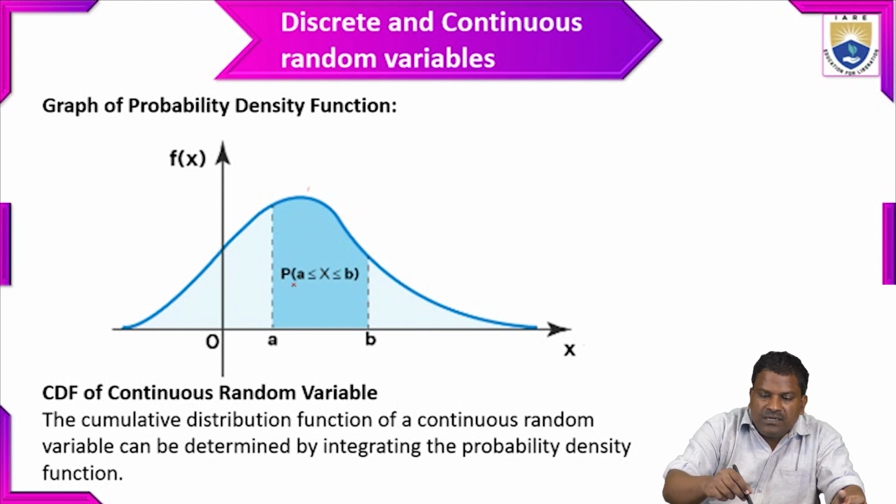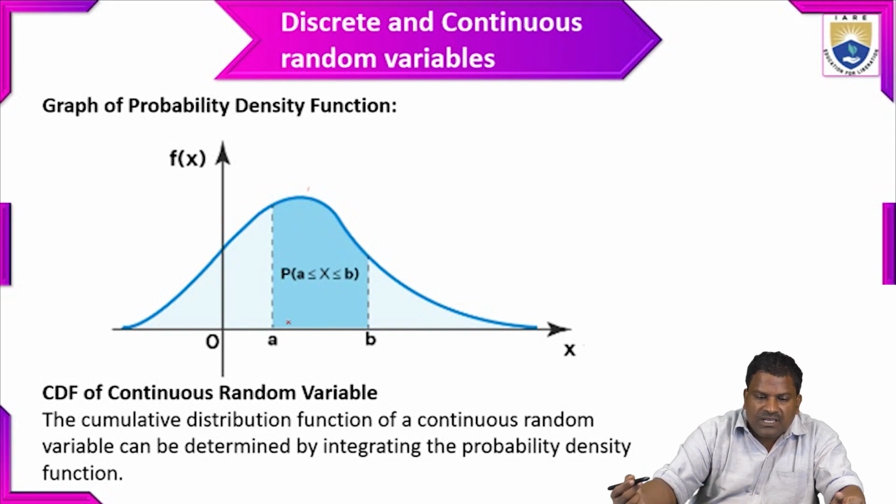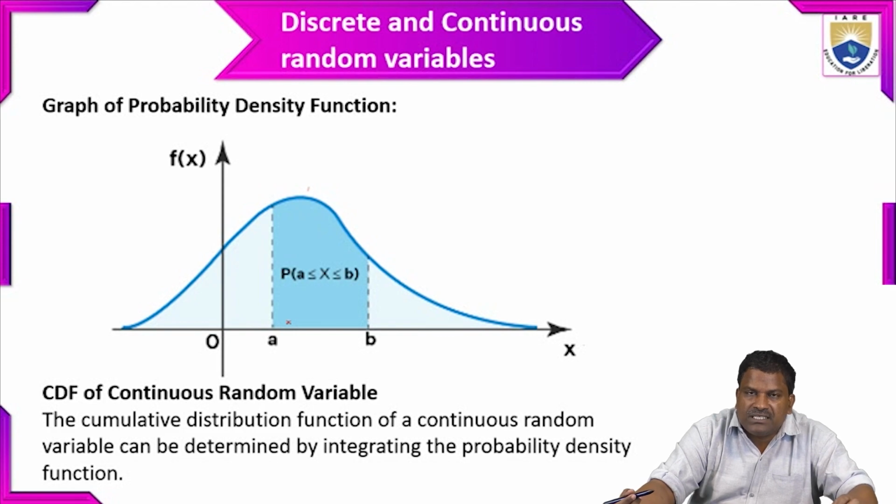This can be typically shown as P of a less than or equal to x less than or equal to b. So this area comes as a probability density function area. This is the CDF of a continuous random variable.